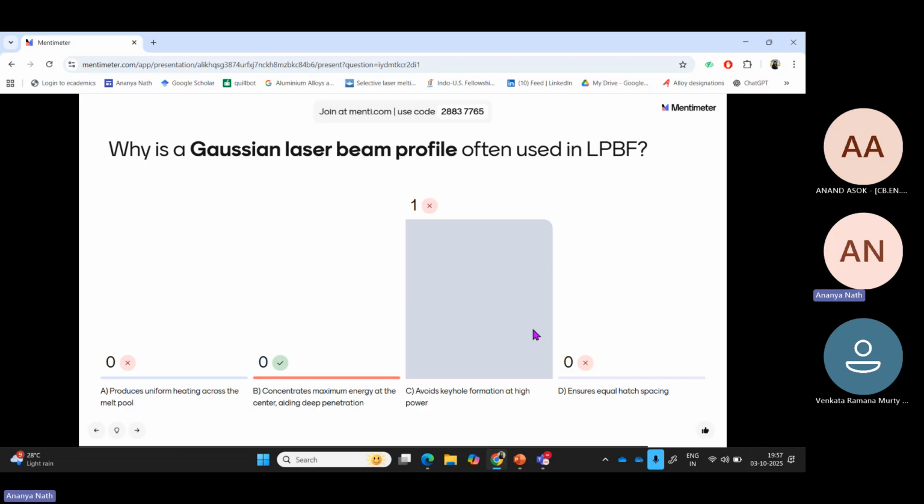But the keyhole formation is mostly related to higher power, if you are giving way more power than the required one. But the Gaussian beam concentrates maximum energy at the center, adding deep penetration. And also, single mode Gaussian beam means you are utilizing all the power that you're giving in the input. So higher utilization of the power also. So less wastage, you can say.